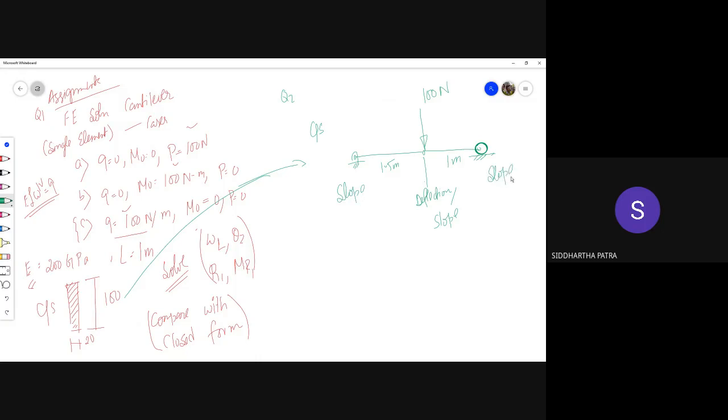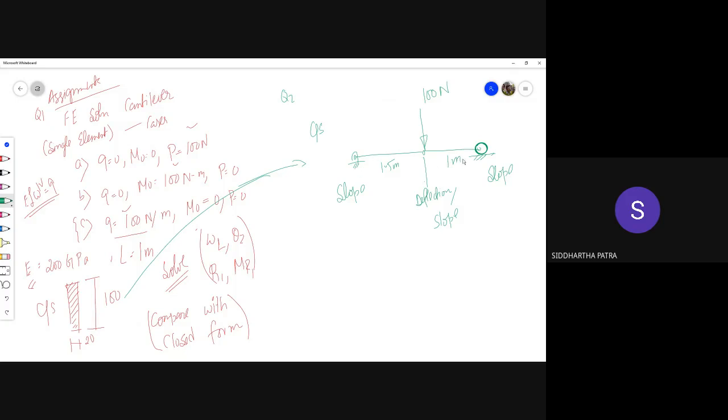As you have guessed correctly, taking two elements would do the job very easily. And you are basically going to get the exact solution in this case as well, because with only a concentrated force, the highest you can get is a cubic deformation.